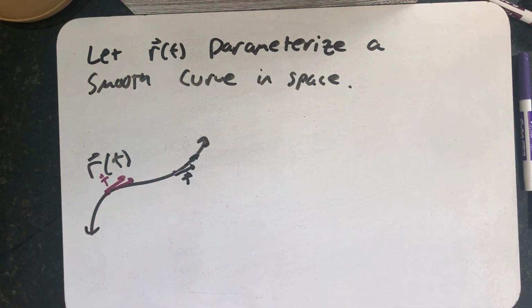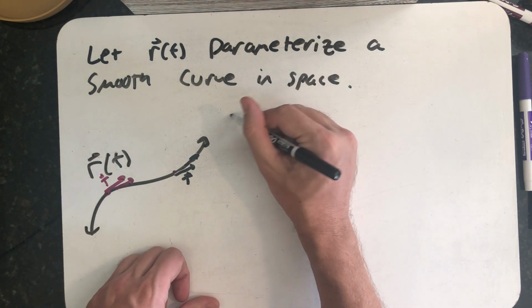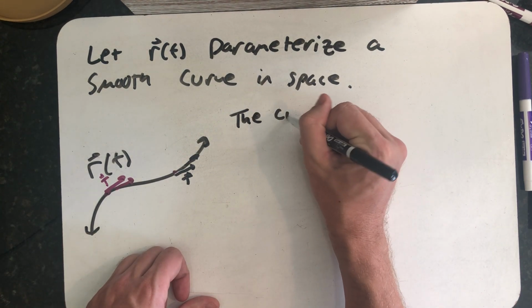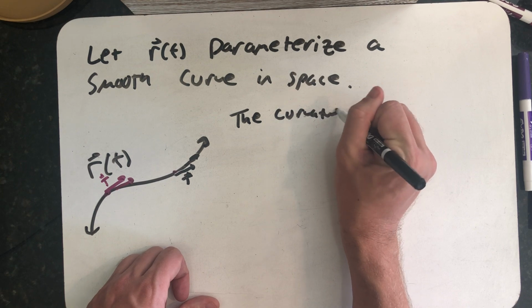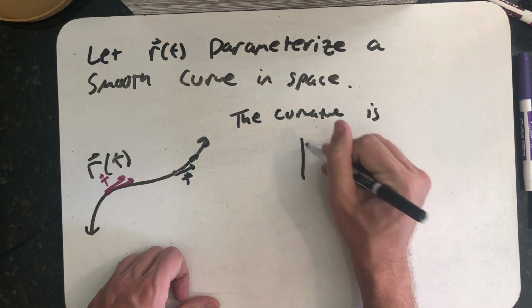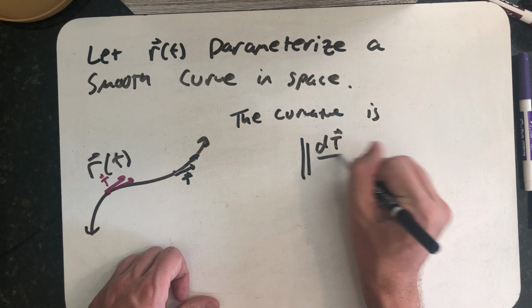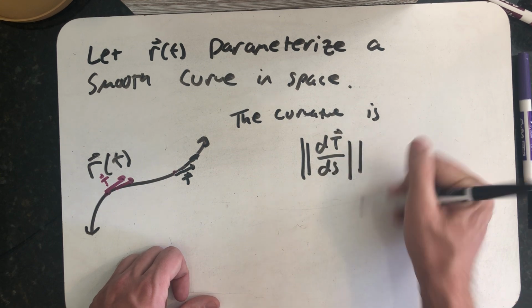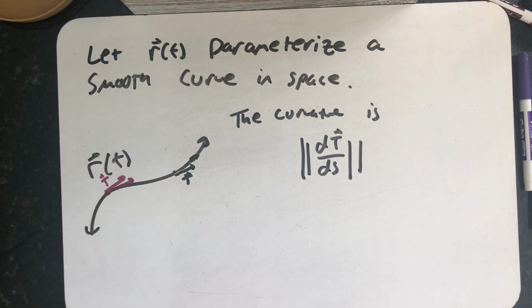And so to define curvature, we actually look at the derivative of that unit tangent vector with respect to unit arc length. The magnitude of dT/ds, the rate of change of the unit tangent vector with respect to unit length.